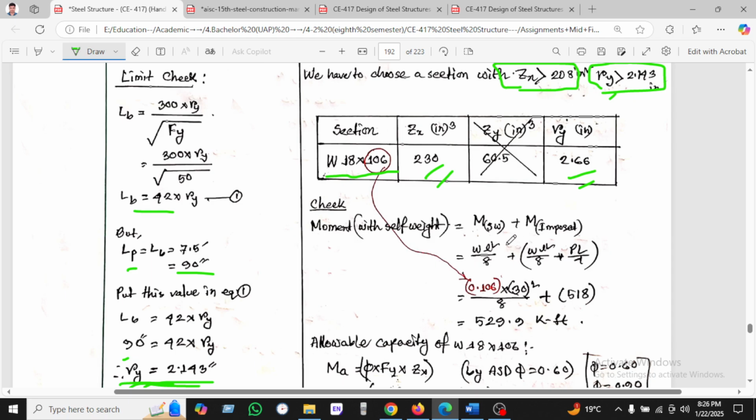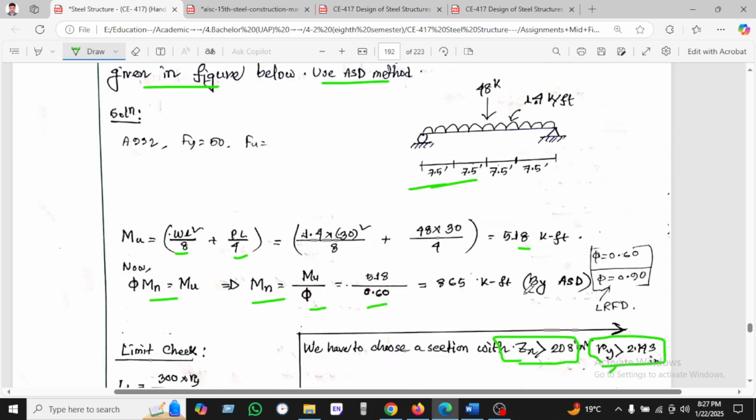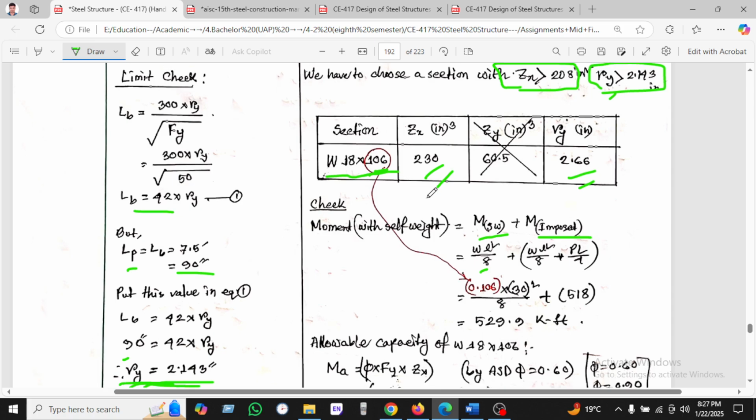So the moment will be, we can use the self weight and imposed load, wL squared by 8. And how will we get the w value? The w value is nothing but the section weight. We have found 8 into 106. It is in pounds and divided by 1000, so it will be 0.106 kip, and the length we have found is 30. If we add all the values, it will be 30.